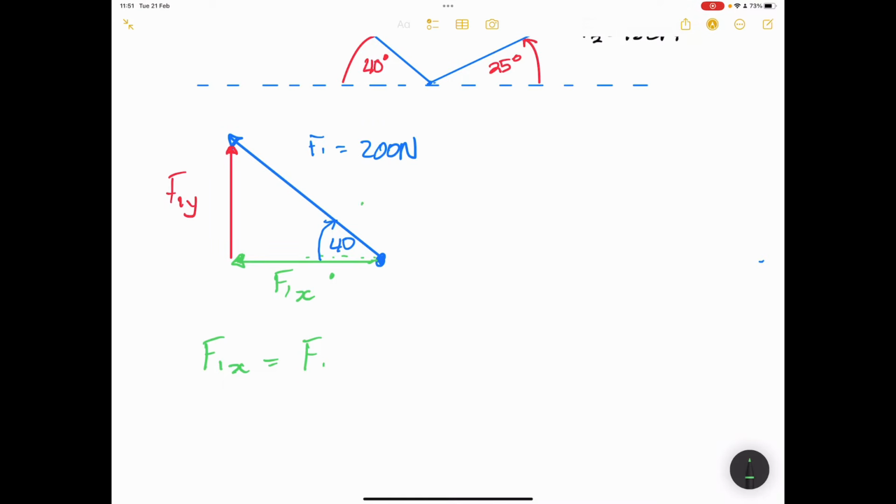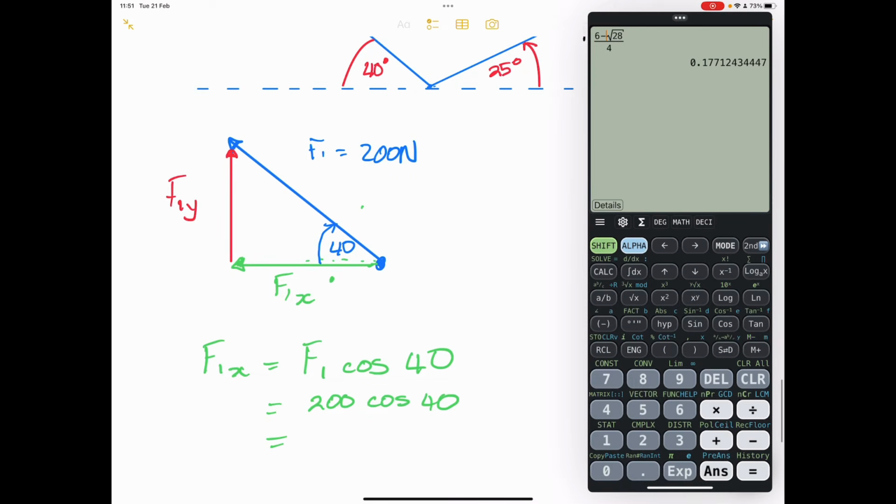So it's simply going to be F1 cos, so the cosine of 40 degrees. That would be 200 cosine of 40 degrees. Let's get our calculator and find out. So that's 200 cosine of 40 degrees.